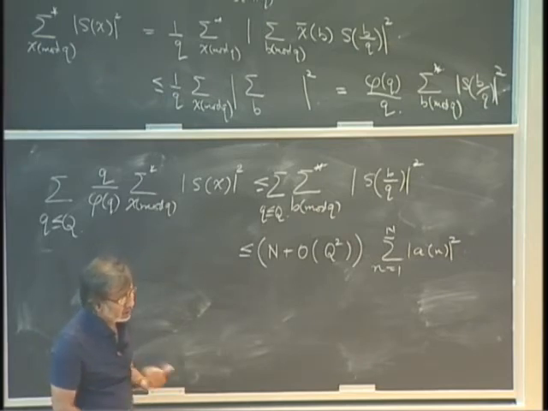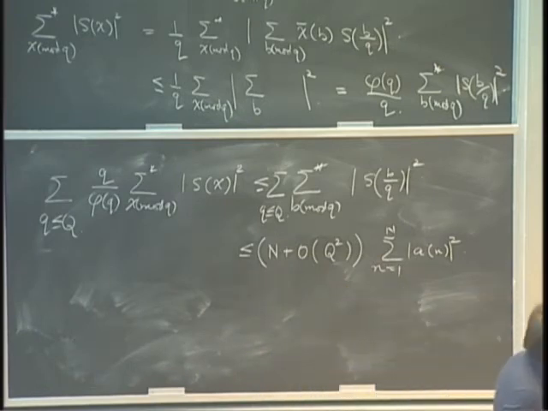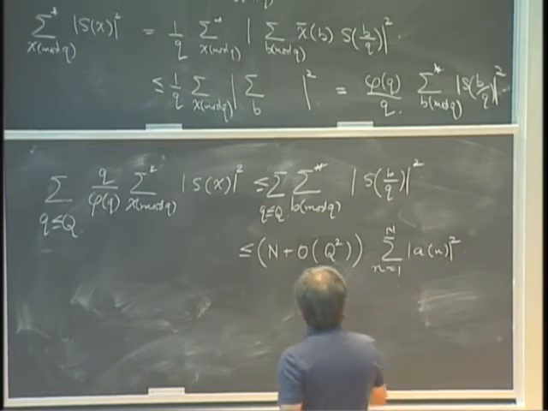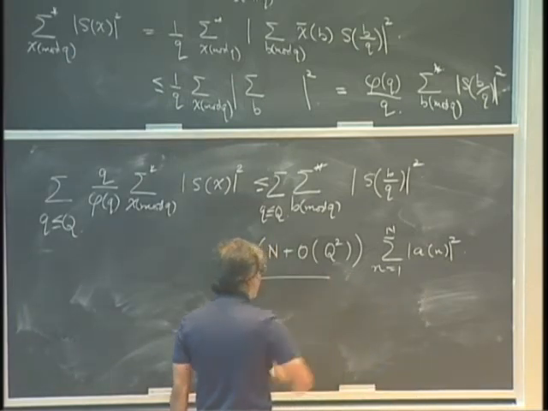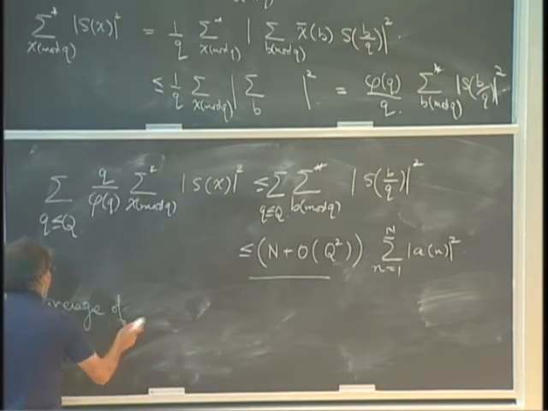Okay, so let me make a summary. The large sieve is some kind of statement about expressing some average of something. So let me say the large sieve is an average of something which I'm going to call some harmonics.